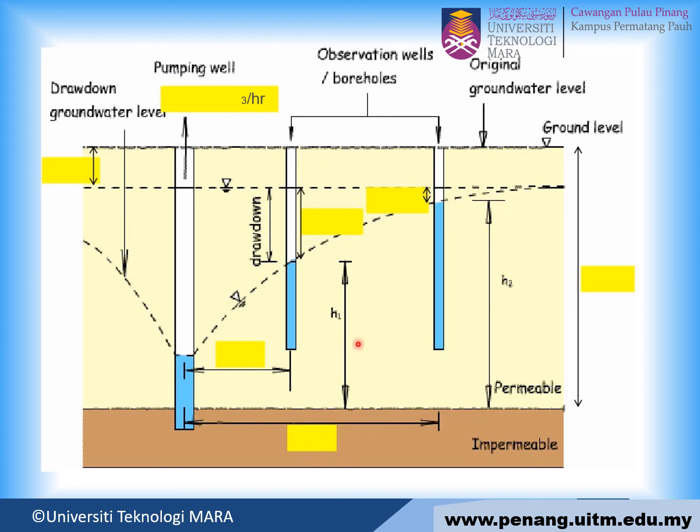Then the value of H1 from the impermeable layer to the observation well number 1. You have to subtract the drawdown from the initial groundwater table, and then the value of H2. From all of this information, you may determine the value of the coefficient of permeability K.